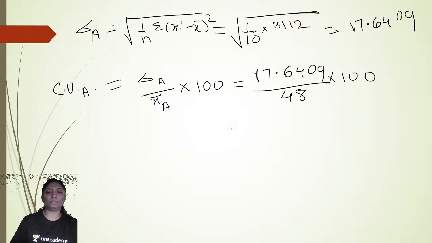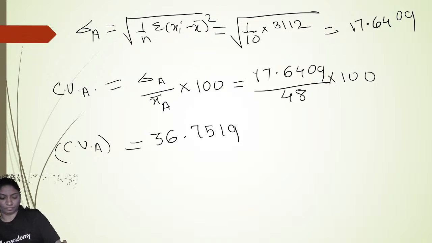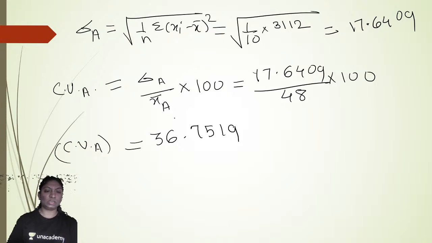Coefficient of variation for batsman A is equal to मिल गया आपको 36.7519, okay? ये हो गया coefficient of variation for batsman A.